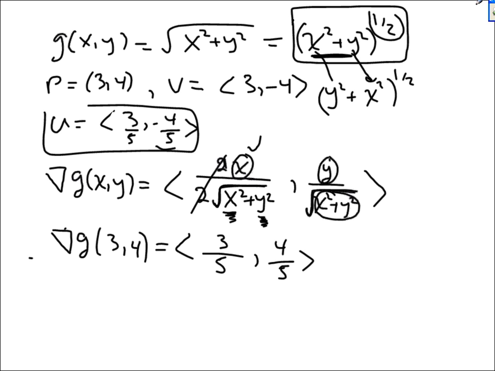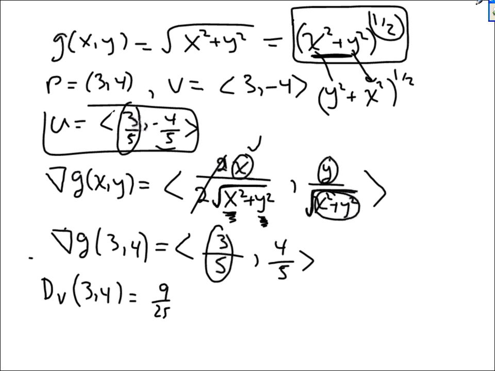We dot the two. The directional derivative in the direction of v at the point 3, 4. Well, I multiply this number with that number, and I get 9 over 25.